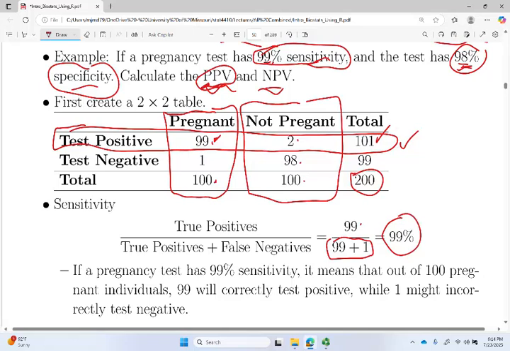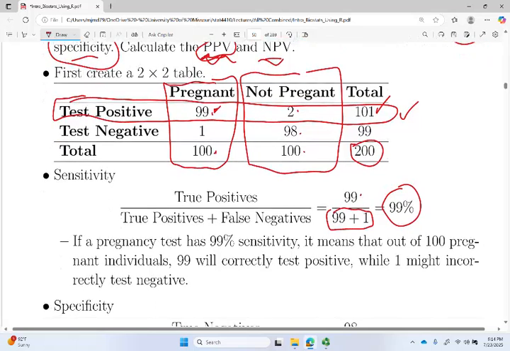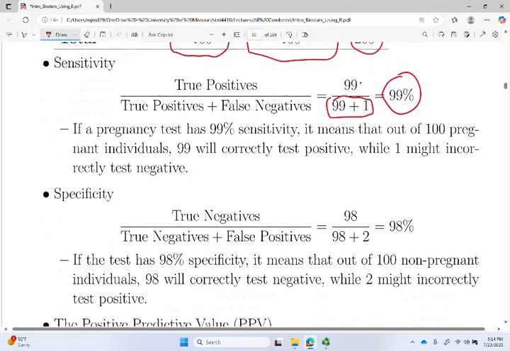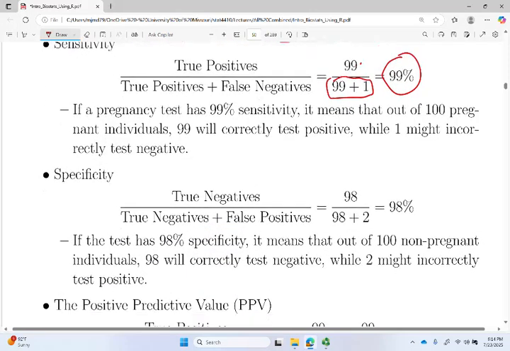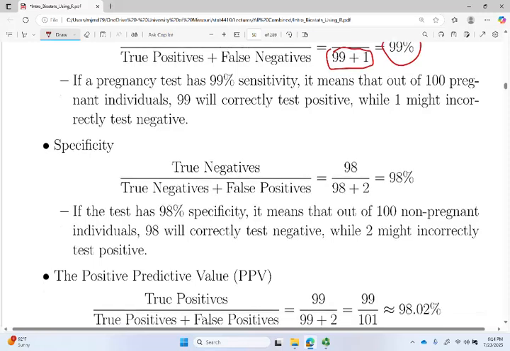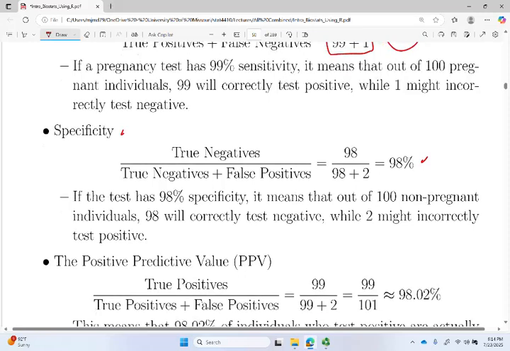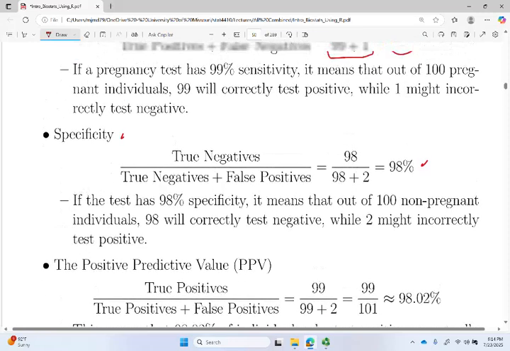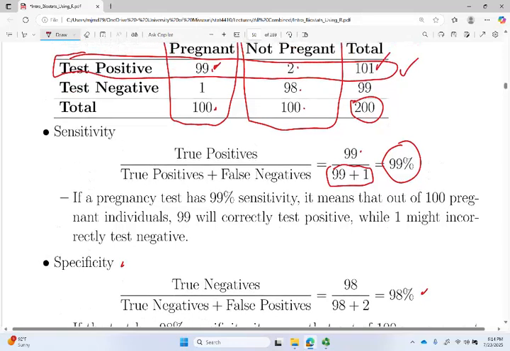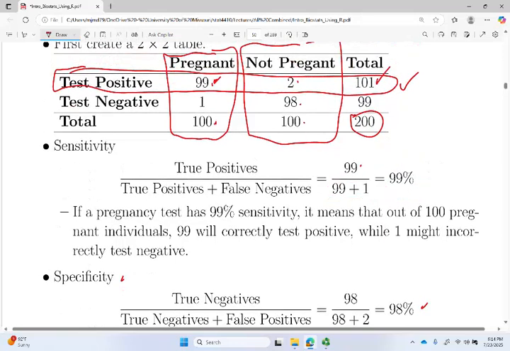So the positive predictive value is 99%. I guess I said that backwards, dang it.